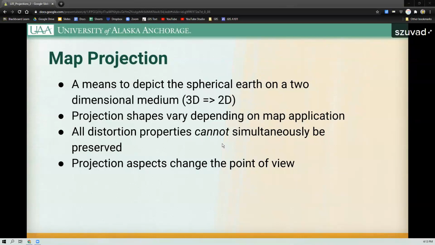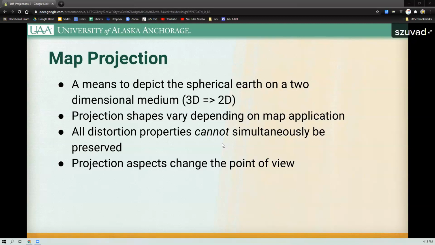So there's different shapes of projections that we use, and we'll talk about those. There's different distortion results that happen as a result of the selection of the projection shape, but also the type of distortion model that is used. And then there's also an effect from where you're perceiving that map from.